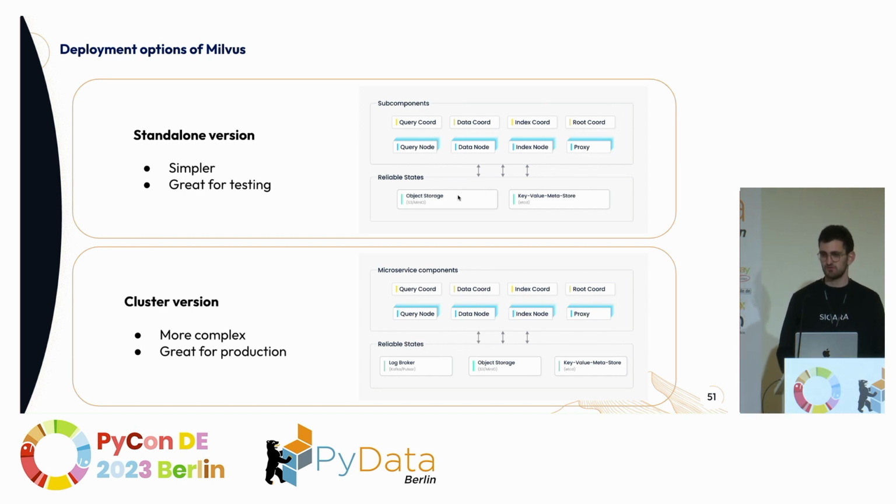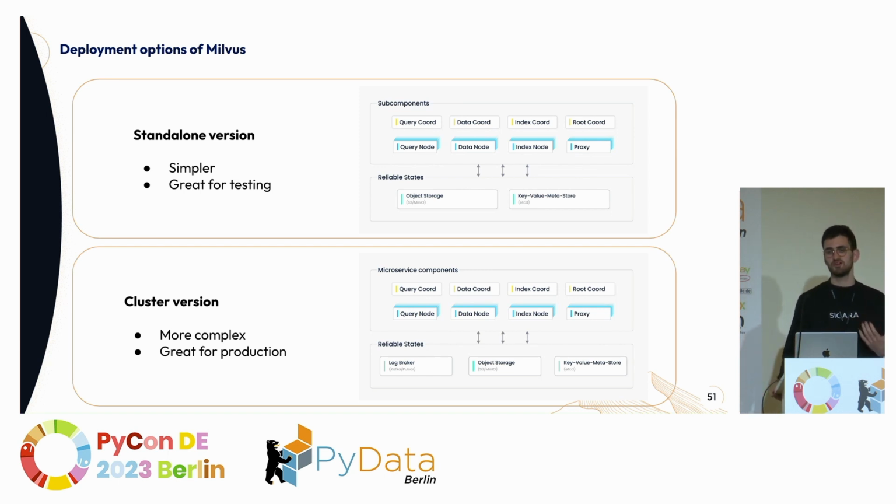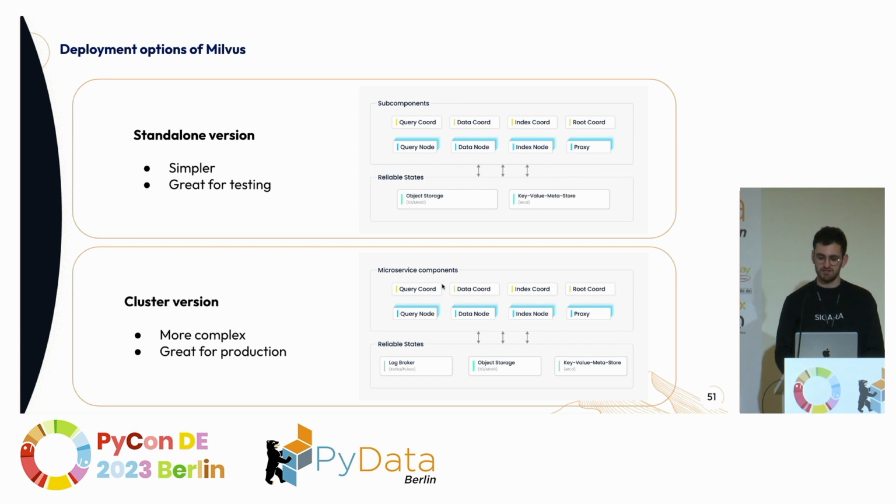Then you get one service for the object storage, which will contain all your image representations, and a key-value store, etcd, which will basically be the database that allows to handle the main interactions. But when you want to deploy it to production and to better manage the performance and memory, etc., the cluster version is more adapted, but it's more complex because all these microservices are deployed individually.